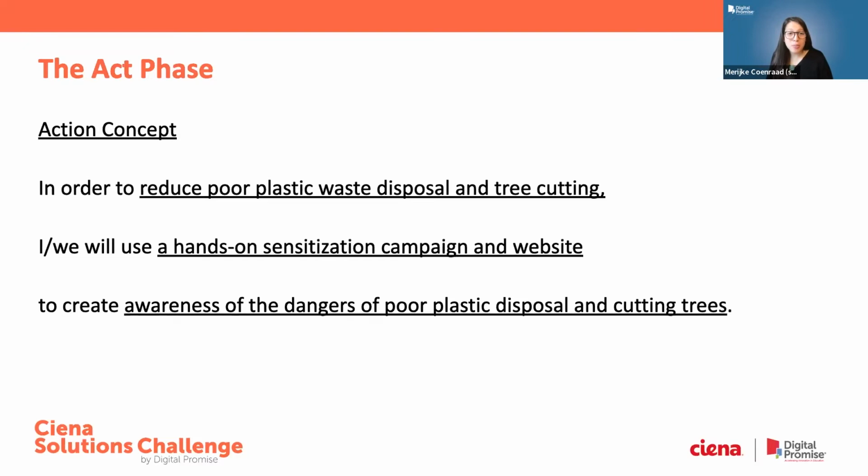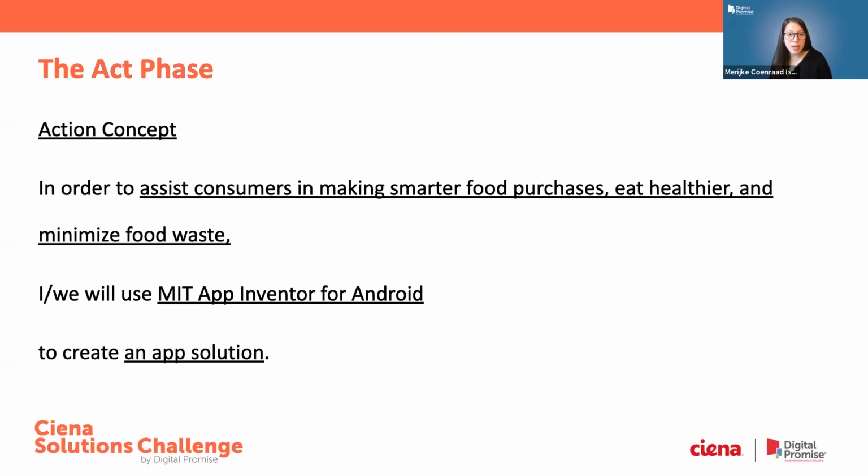Another team from Uganda shared their action concept, in order to reduce poor plastic waste disposal and tree cutting, I or we will use a hands-on sensitization campaign and website to create awareness of the dangers of poor plastic disposal and cutting trees.